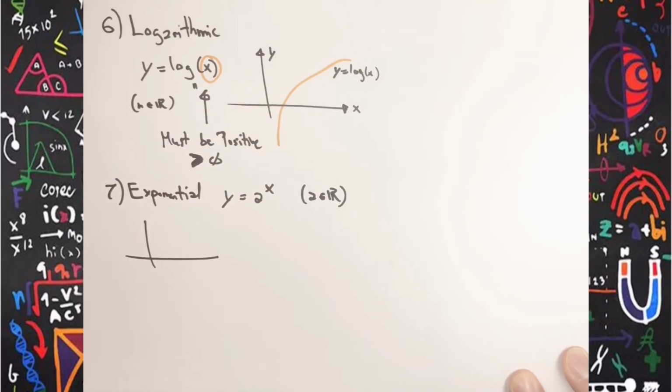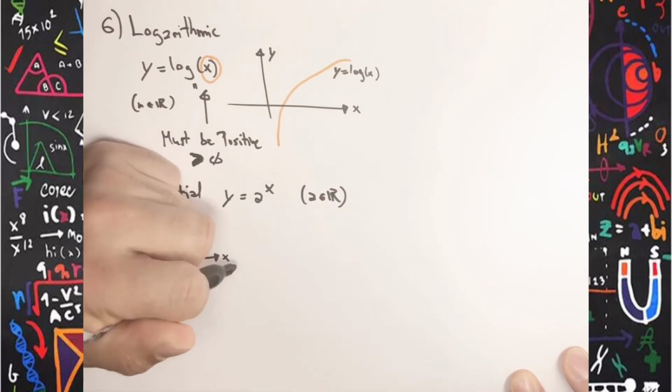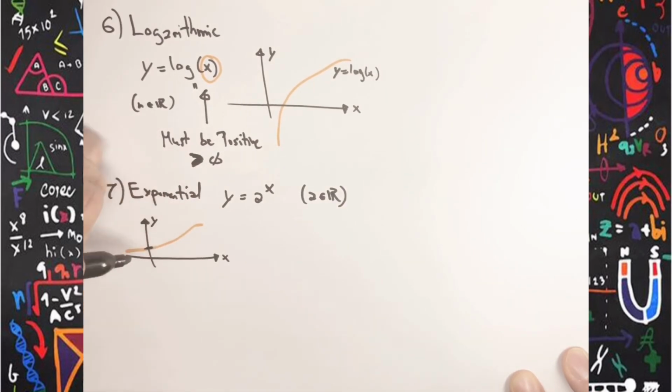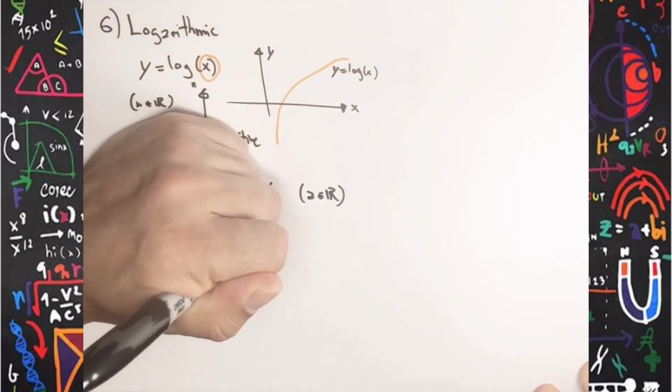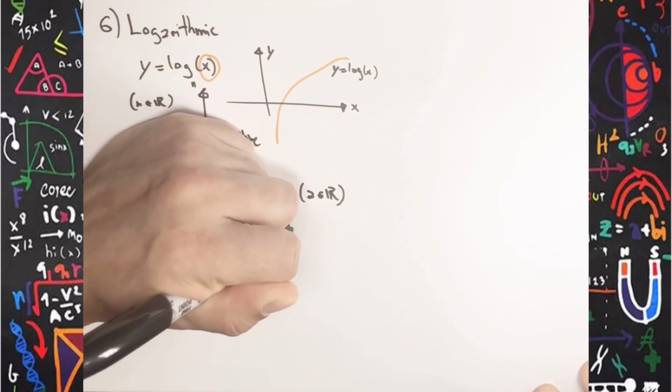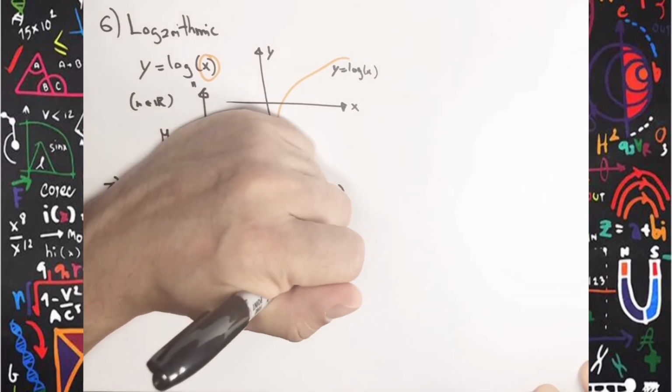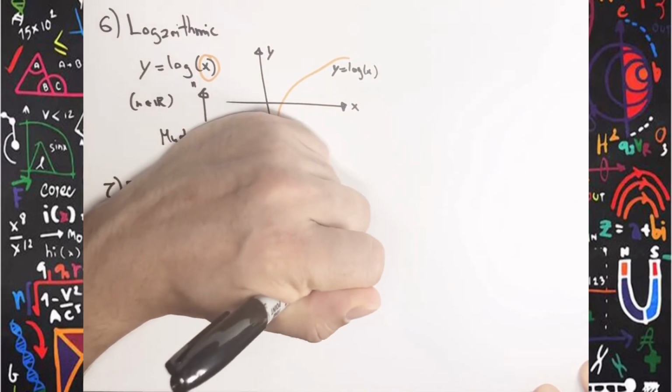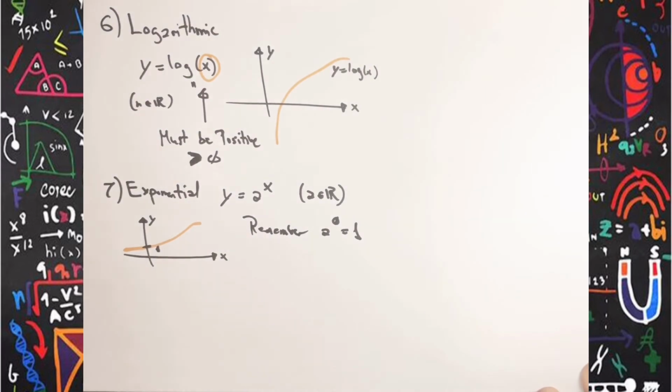When we plot them, it's a function that keeps growing a little bit more aggressively. It's the inverse of a logarithm. It cuts the y-axis in 1. Why? Because remember that any number to the power 0 equals 1. So 2 to the 0 equals 1, 3 to the 0 equals 1, a to the 0 equals 1.